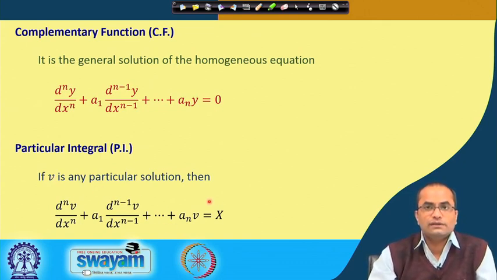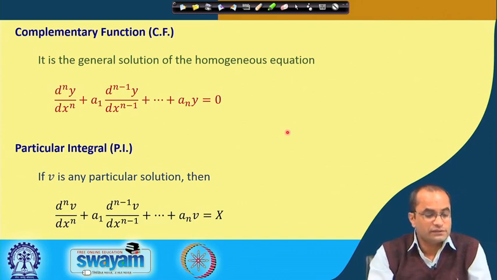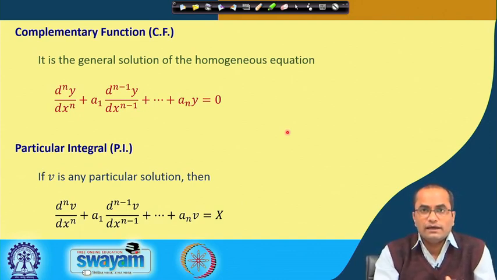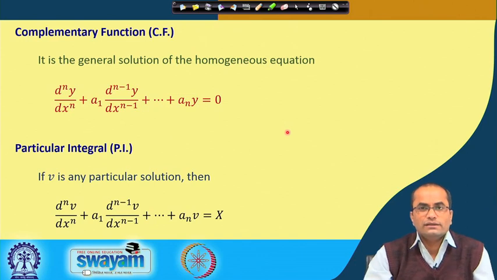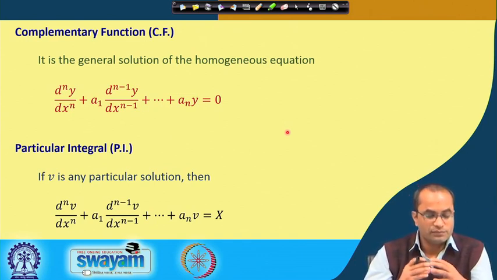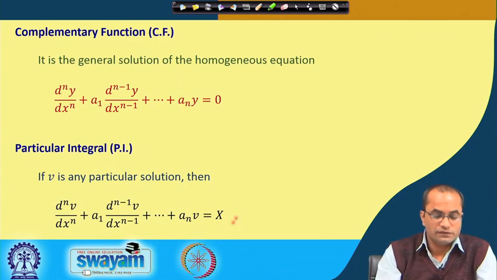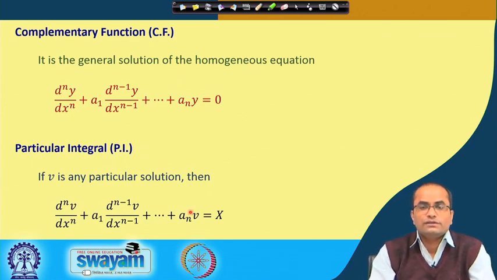That is how we define the complementary function and the particular integral, as we have seen in the earlier slide, but we will prove it later. When we add the complementary function and the particular integral, we get the general solution of the given non-homogeneous differential equation.